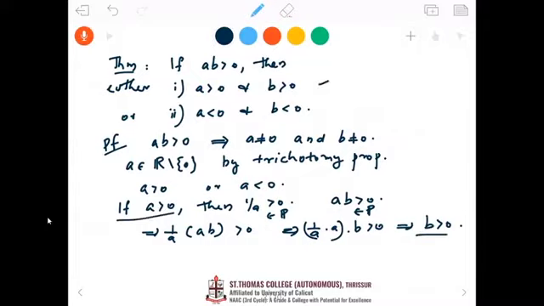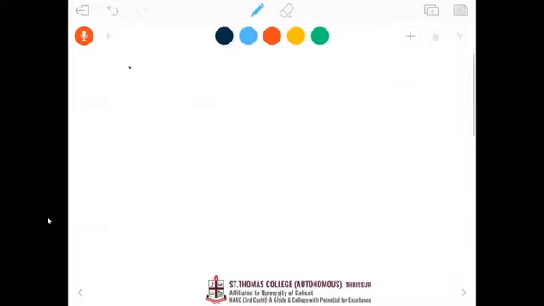So either this happens. Now if A is less than 0, then 1 by A is also less than 0, or minus 1 by A is greater than 0. Okay. Then minus 1 by A into AB must be greater than 0, because the product of two positive numbers is again positive.